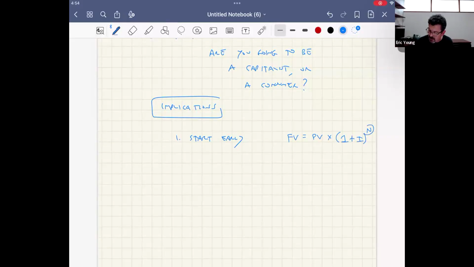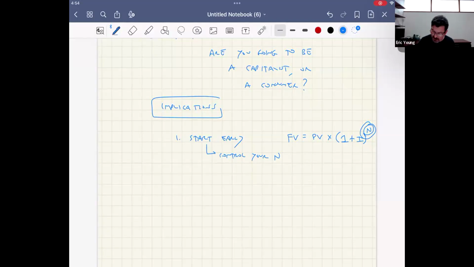When we say start early, we're saying control your n. Start early. Control your n. This is by definition exponential growth because the n is an exponent. When you have exponential growth, the sooner you start, the wealthier you get.